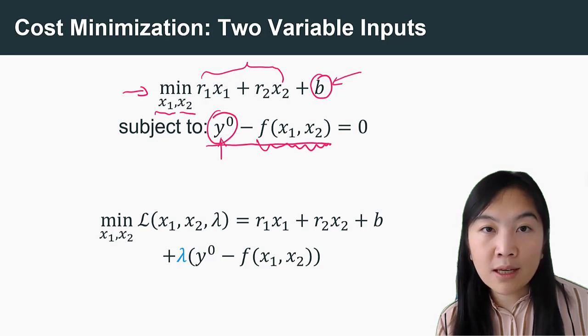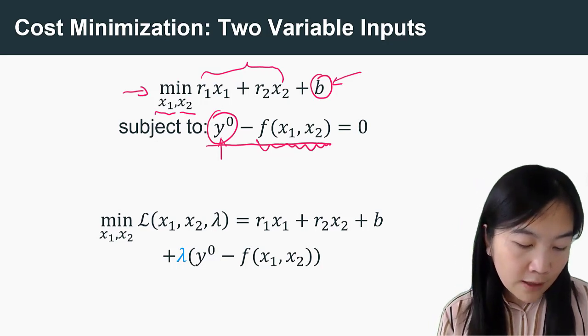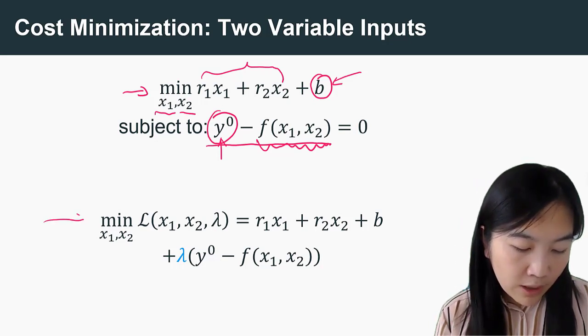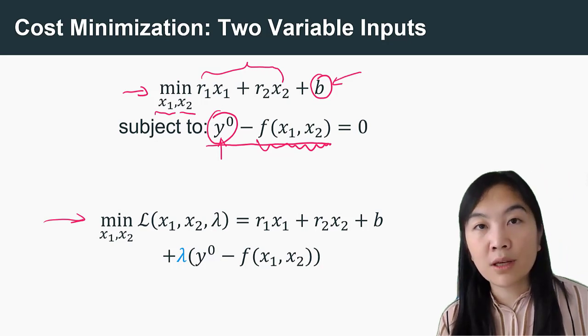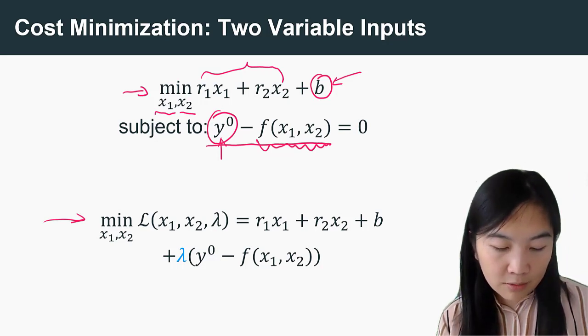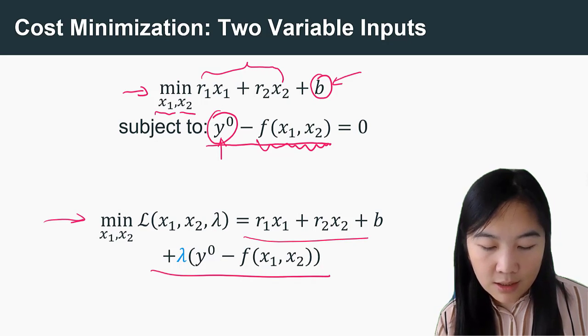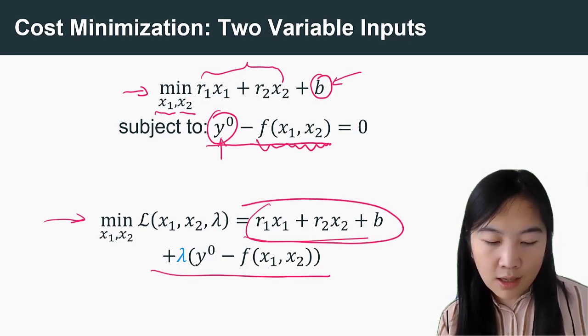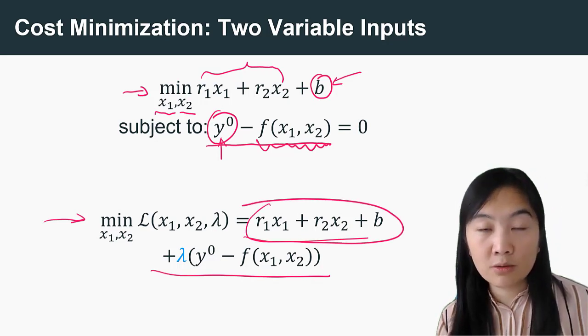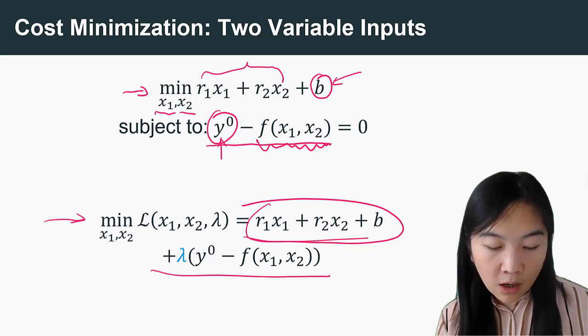And using the Lagrangian function method, whenever we have a constraint optimization problem, we can write it this way. This part is just the objective function, which is the cost.